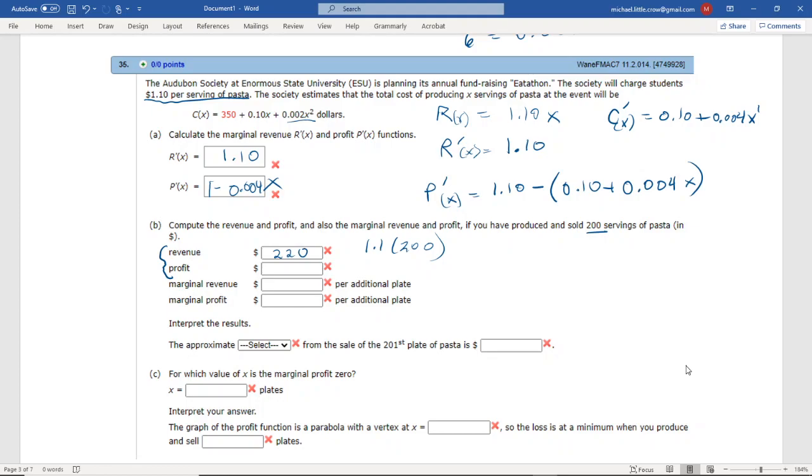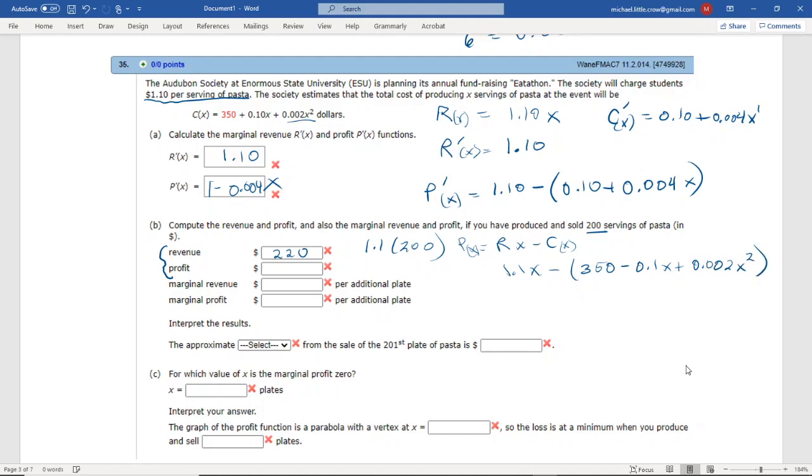Profit is going to be, again, revenue minus cost. Since we're getting exact ones, the profit is going to be that. So it's going to be 1.1x minus, and again, remember this parentheses, in this case, 350 minus 0.1x plus 0.002x squared.